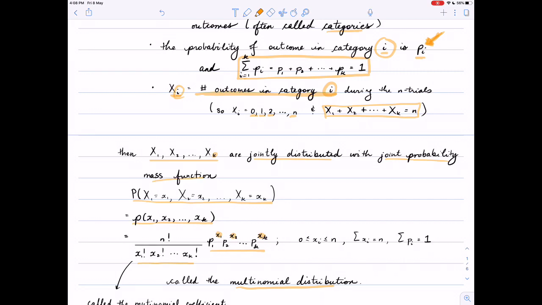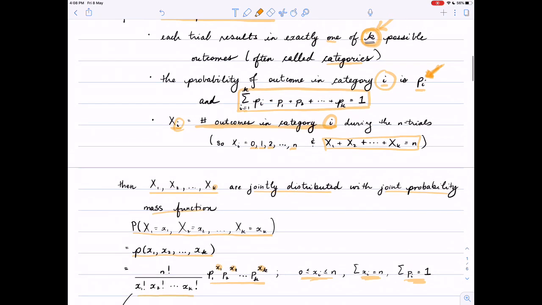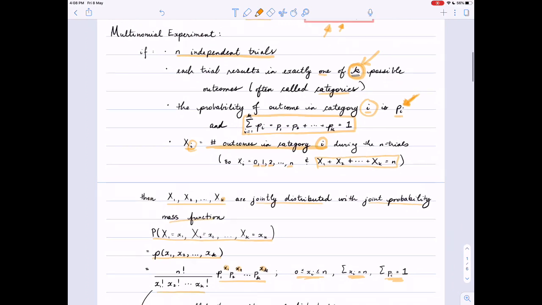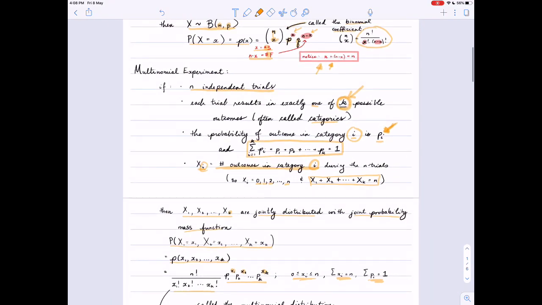And so you have to have that each of those little xi's is between 0 and n. The sum of the little xi's has to equal n, and the sum of the probabilities has to be 1. So if we compare that with the binomial, can I fit them on the same screen? Right, the same thing. Instead of the binomial coefficient, you have this, which is often called the multinomial coefficient.